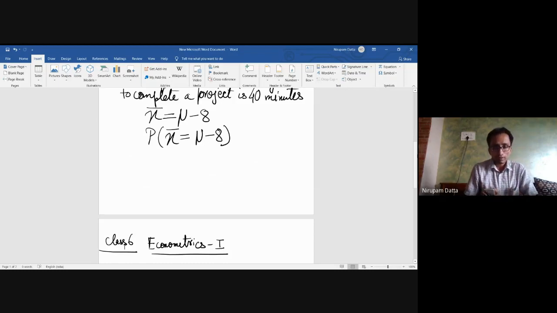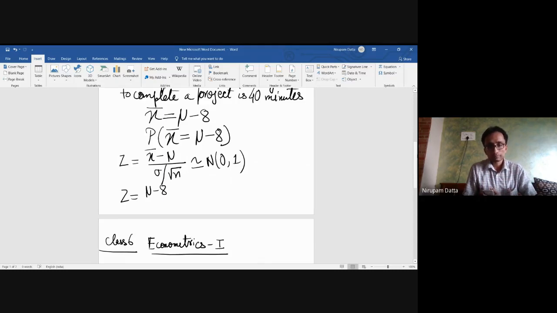Now again, you have to create a standardized variable z. This is x bar minus mu over sigma by root n, which is asymptotically normal 0, 1 as per the central limit theorem. So what is z? x bar is mu minus 8, so mu minus 8 minus mu.